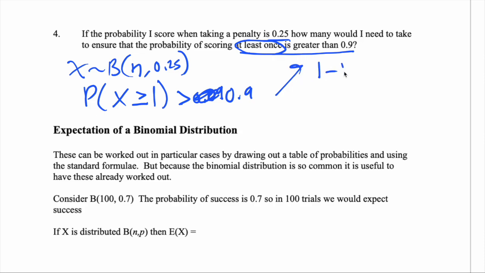And if you want, you could do 1 minus probability X equals 0 is greater than 0.9. So we could do this probability.